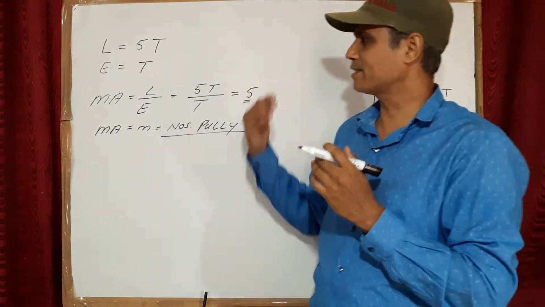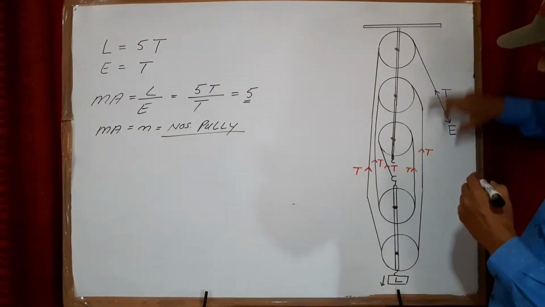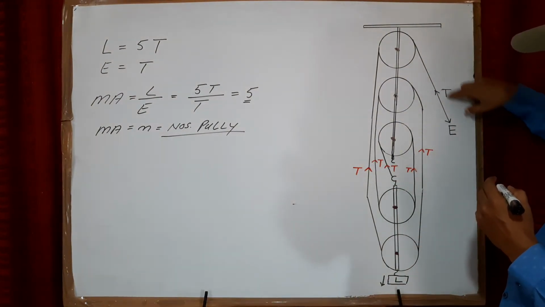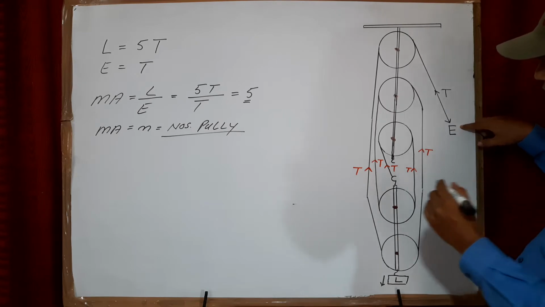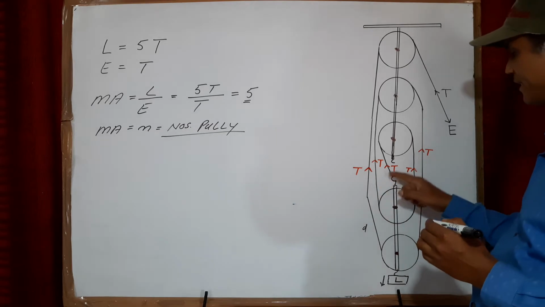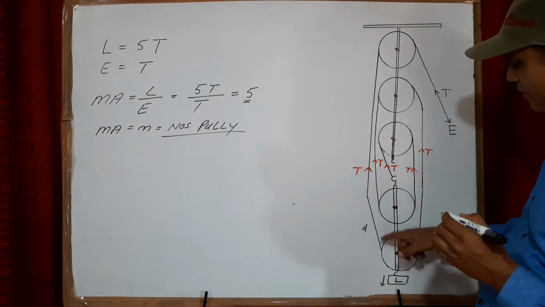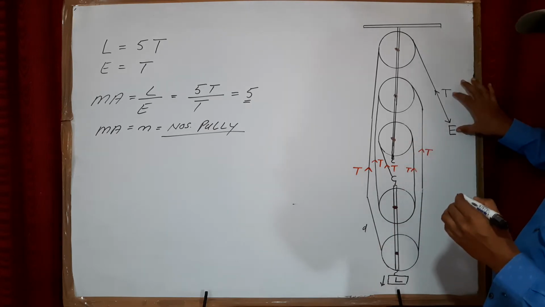Now let us see what the velocity ratio will be. Suppose this string is moved in the downward direction. Now if this distance is d, this distance will also be d, this distance d, this distance d.